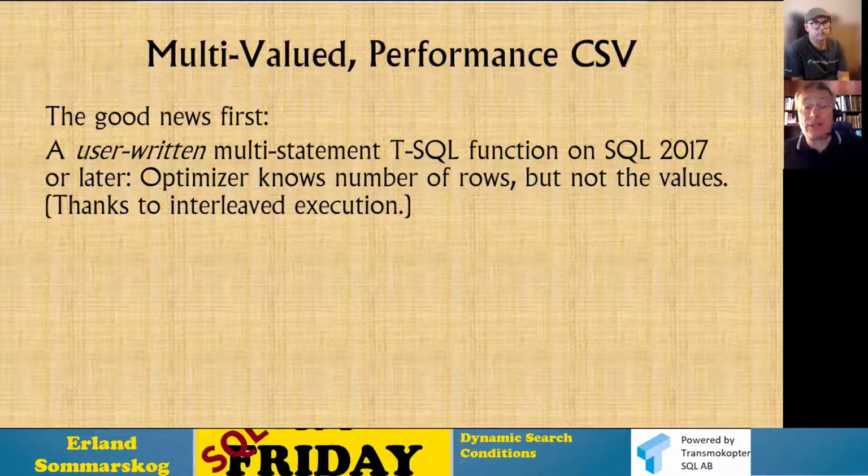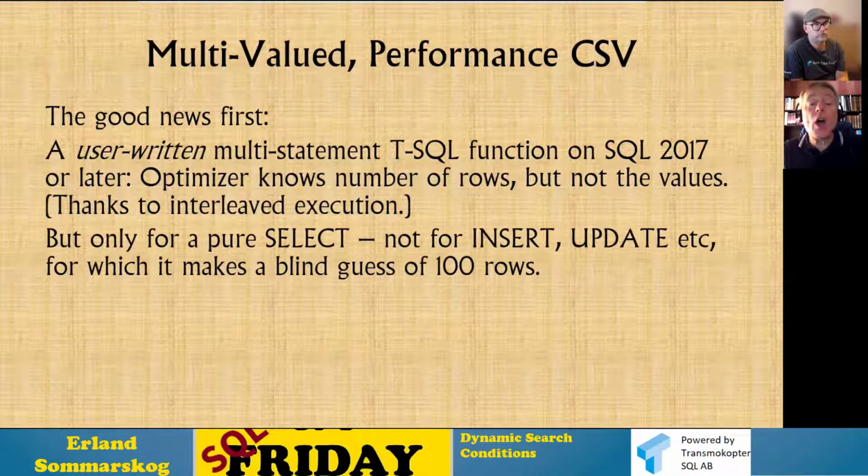It's known as interleaved execution. Now, this only applies if you're doing a pure select, returning the data directly. If you take the result and insert it into a temp table or do an update, etc., it will not do this anymore. It will make a blind guess of 100 rows.